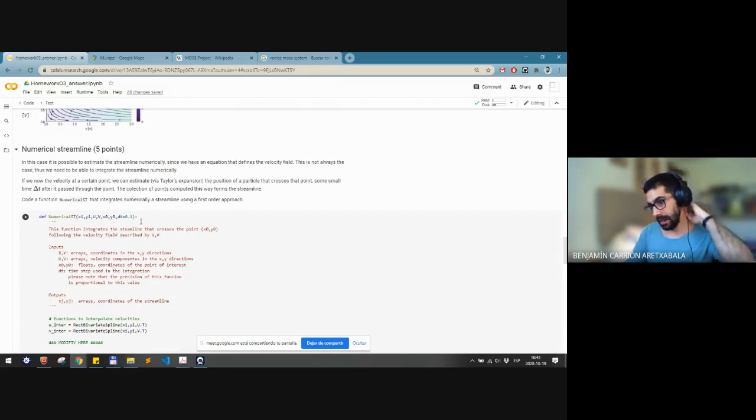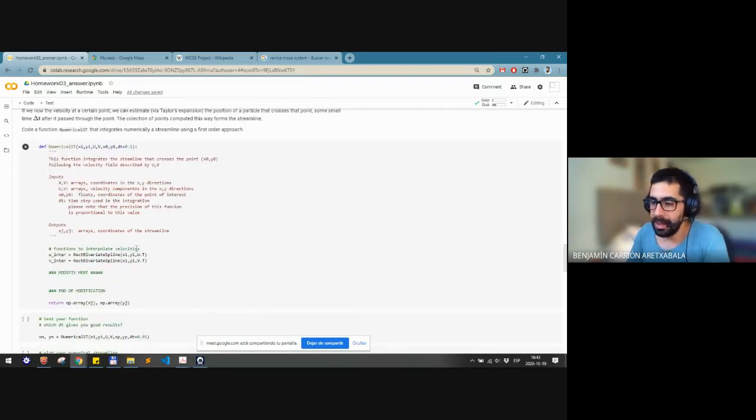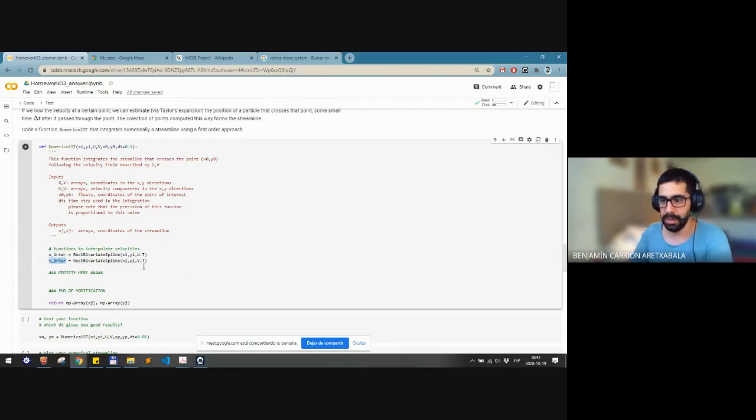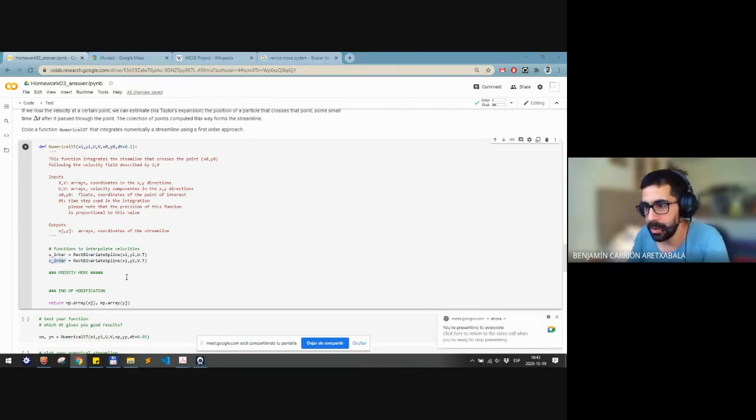Okay, I received a couple of questions, and we talked about this last recitation, and I gave you a little hint that you had this function that interpolates. Basically these two are functions that interpolate your velocities, right?